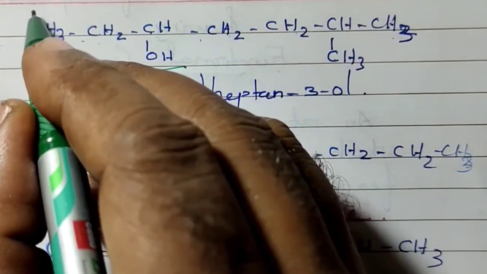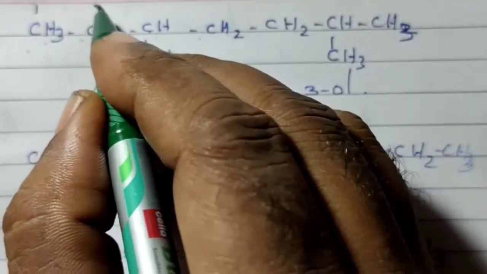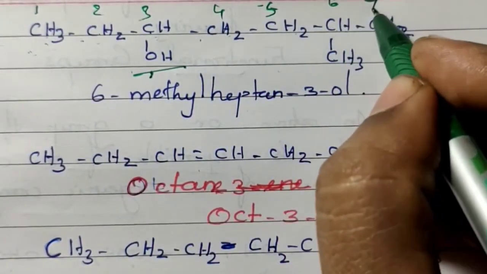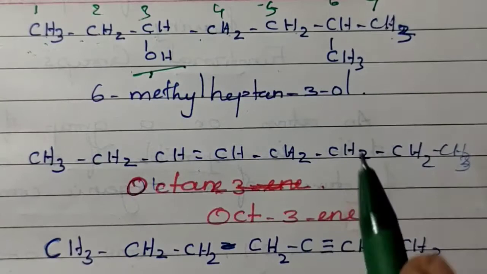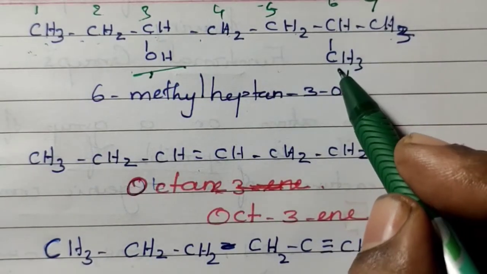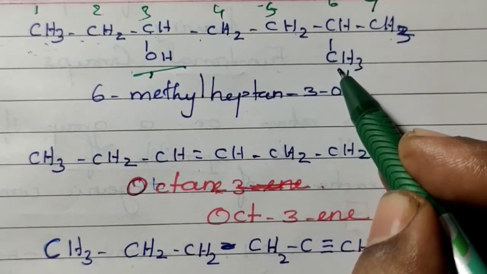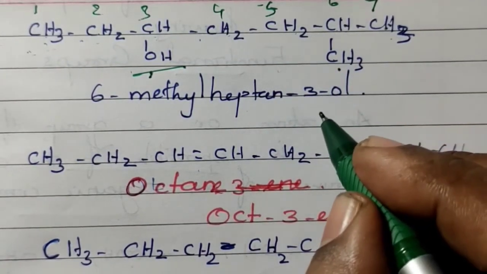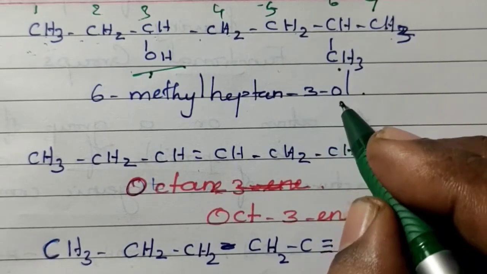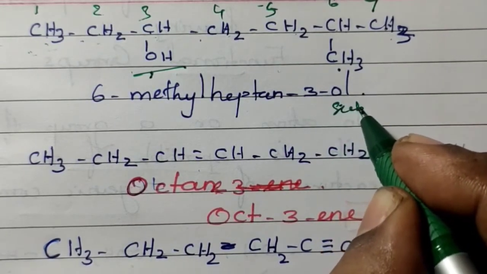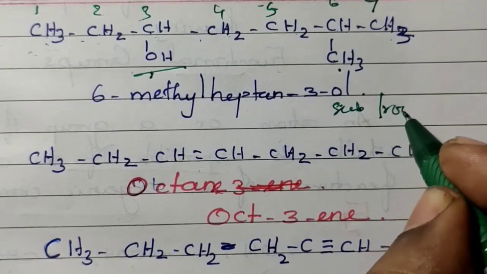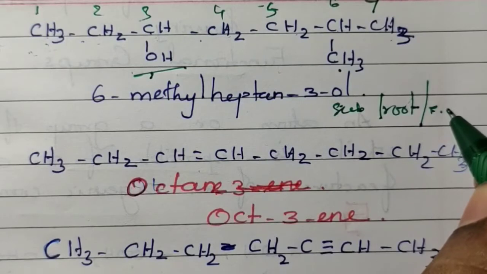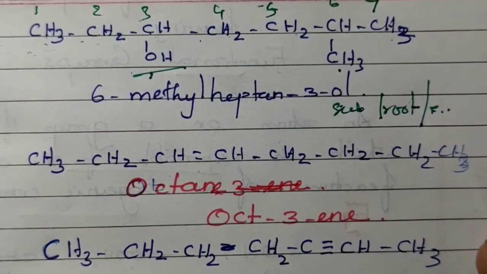So we have to give numbers from this side, 1, 2, 3, 4, 5, 6, 7. On the 6th carbon atom we have a CH3 group. As we studied in the format of IUPAC nomenclature, first we write the substituent as a prefix, then the root or parent, then the functional group or suffix.